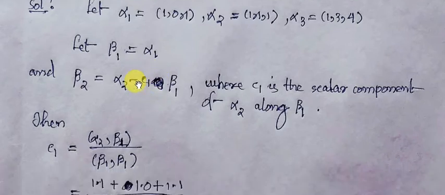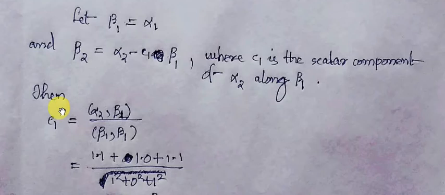C1 being the scalar component of the alpha 2 vector along the vector beta 1, we are using this formula: C1 equal to the inner product of alpha 2 and beta 1 divided by the inner product of beta 1 and beta 1.